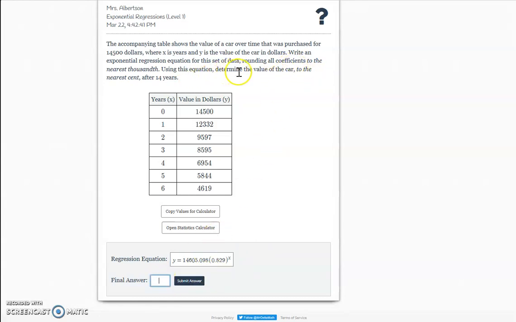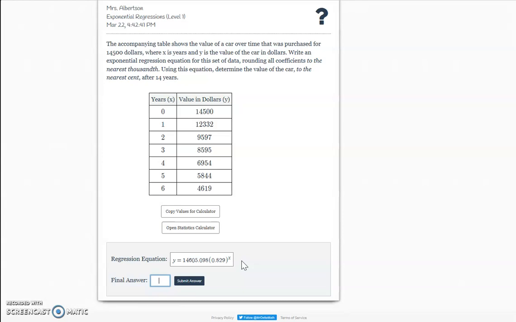So using this equation, we're looking for the value of the car after 14 years. So we know that the year is 14, which means we're filling in the x. So we need to grab our calculator, and then we're going to be doing our equation down here. So 14,605.098, parentheses, 0.829, parentheses, exponent is 14 for 14 years.